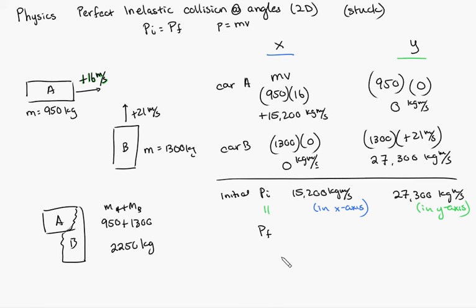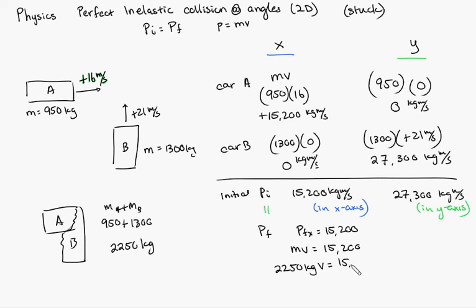So here, remember, before we had 2, but now we only have 1. So in the x direction, PF in the x direction is equal to 15200. So it's equal to MV. So we can just plug in the mass, 2250 kilograms.